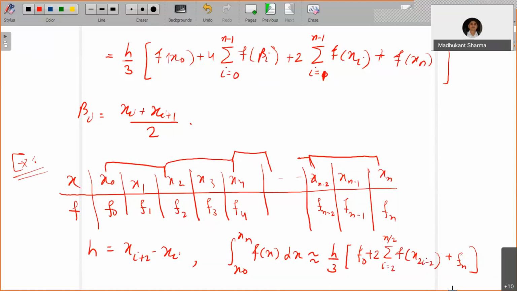So you are multiplying the even places by 2, and summing up to n/2, so 2n/2 is n minus 2. So x_{n-2} you are evaluating, plus 4 times summation i equals, just going to the next page.